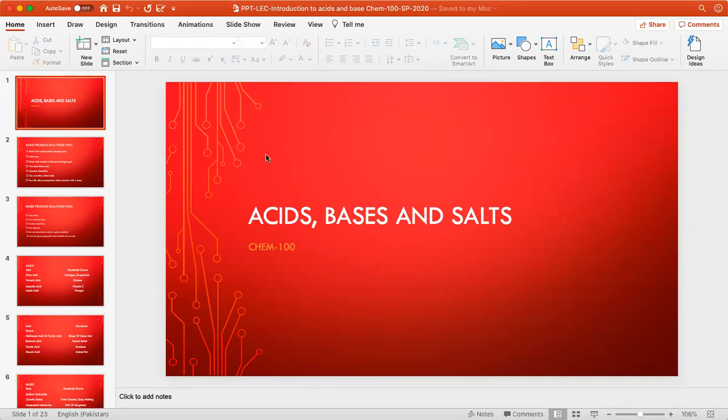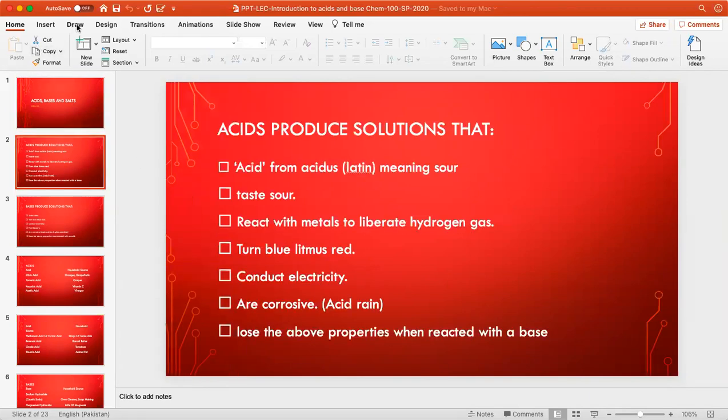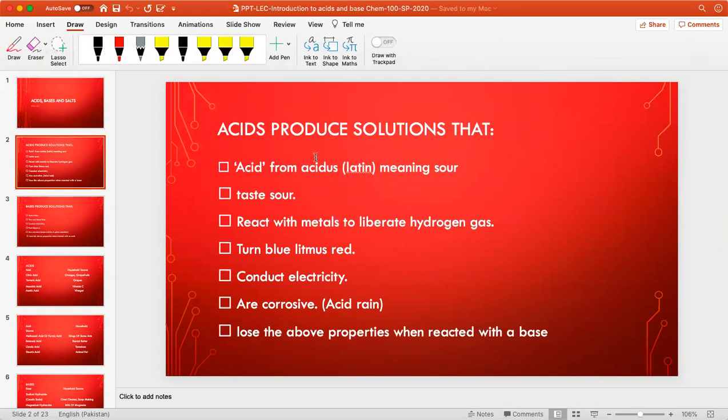Okay, so if we move to the second slide, let's see. Acids produce solutions that... the word acid is taken from the Latin word, and the meaning is sour.